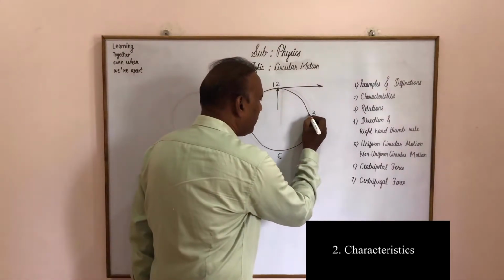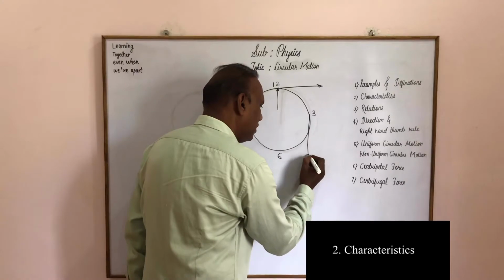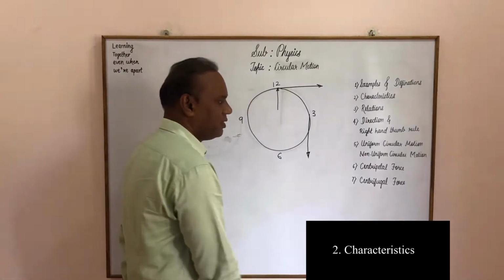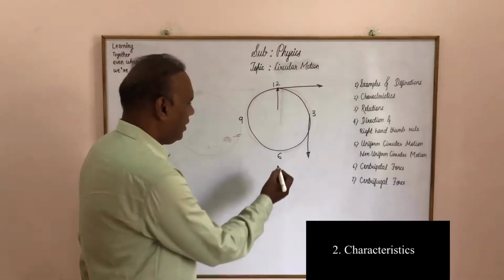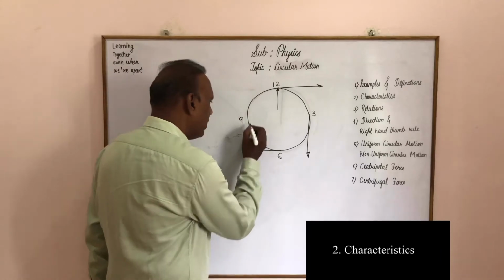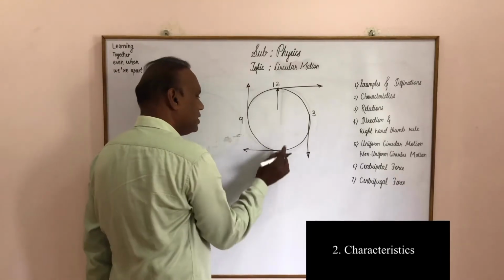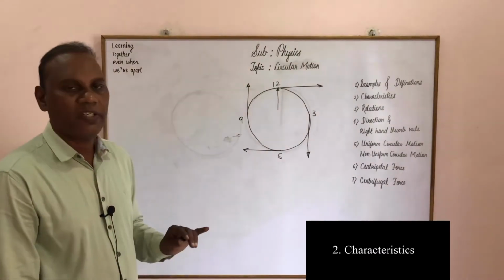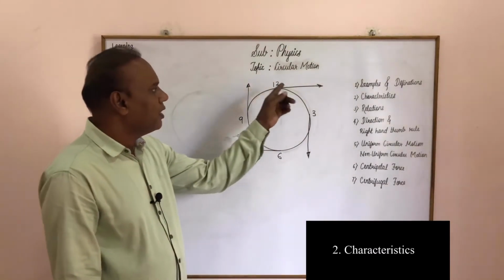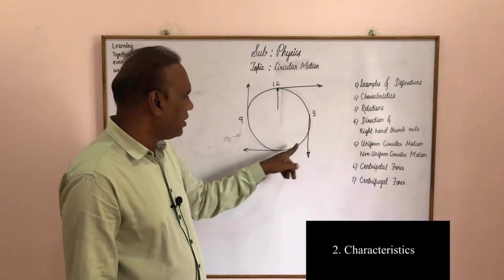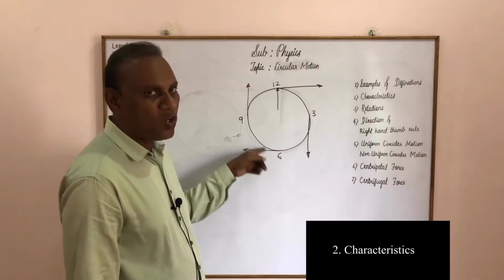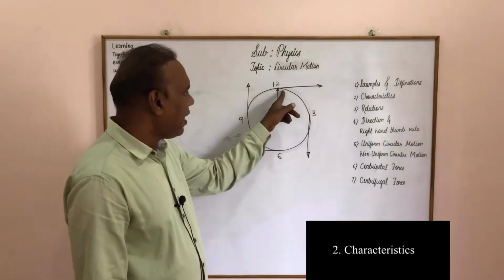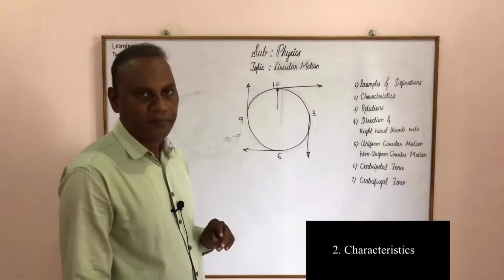When the tip is at position 3, then the direction of tangential velocity is like this, and the direction of tangential velocity at positions 6 and 9 respectively. So from this figure it is clear that the direction of tangential velocity goes on changing at every instant of time.